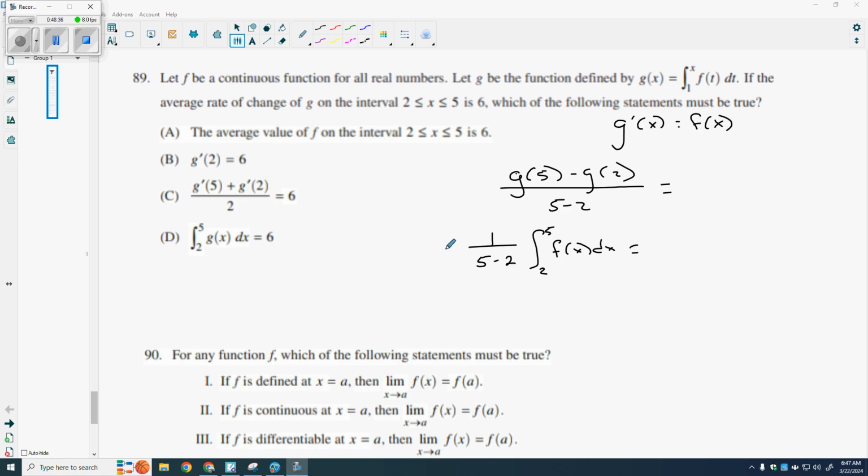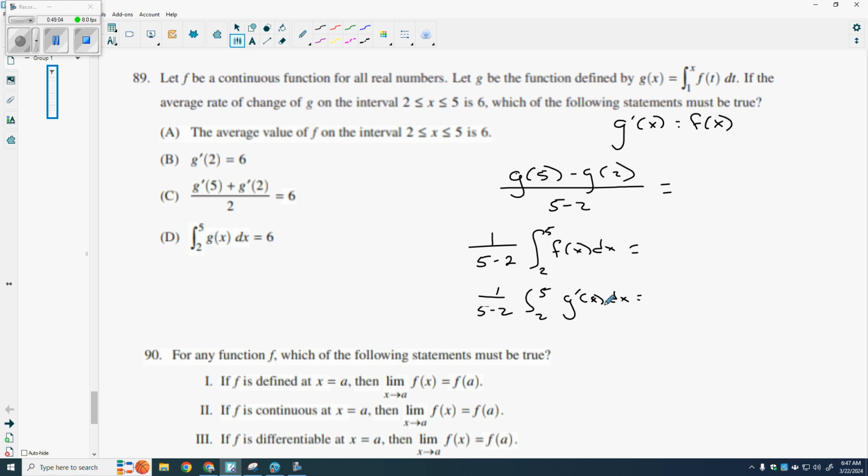So I'm going to take the average value definition and rewrite it in terms of g. So this is 1 over 5 minus 2 times the integral from 2 to 5 of g prime. That makes what I just said a little easier to see.